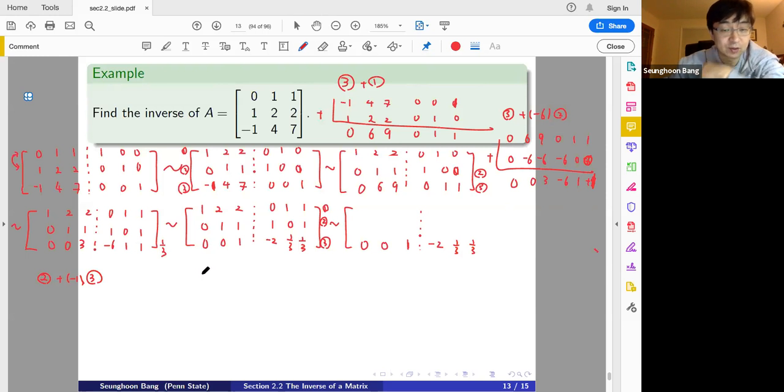So what happens? You can keep 0, 1. 1 minus 1 is 0. 1 minus negative 2 is only change 3. This is 3. 0 minus 1/3 is negative 1/3. Right?